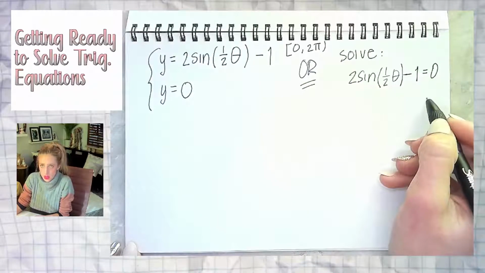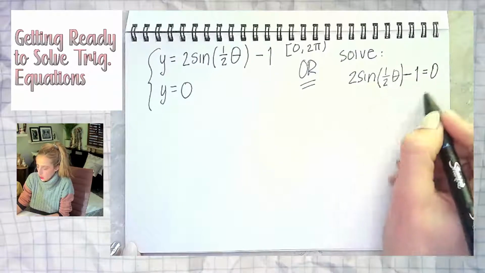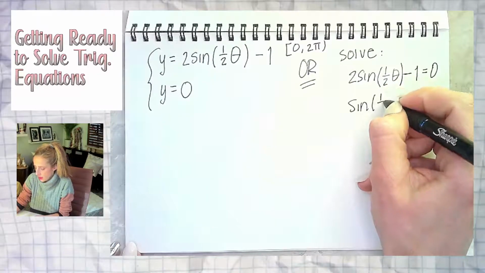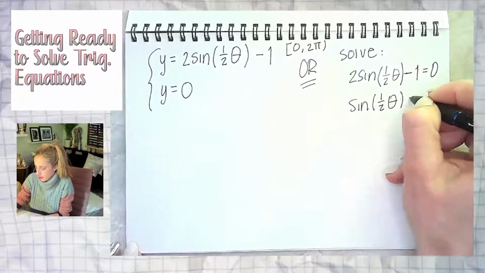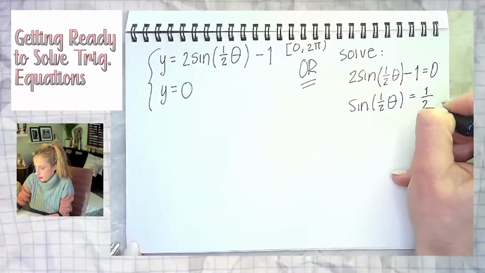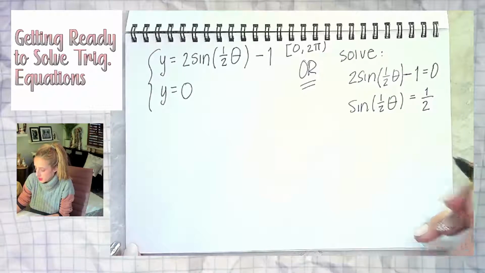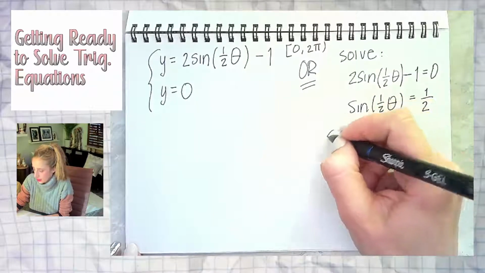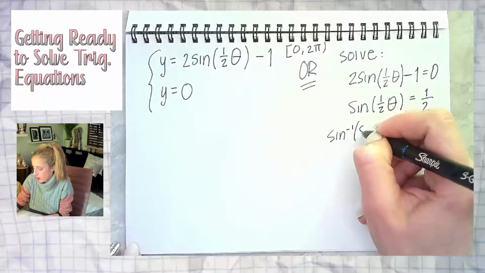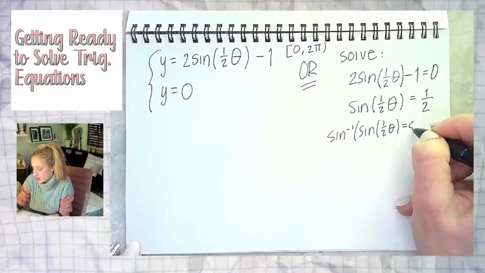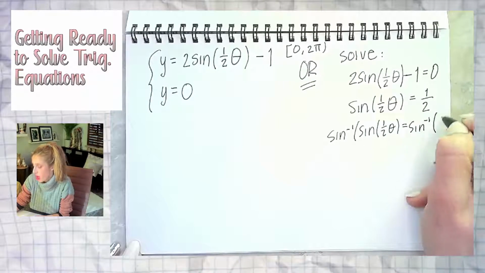I would start it like the others, right? Add 1, divide by 2. Sine of 1/2 theta equals 1/2. Next step, again, same as the others. I'm going to take sine inverse. Sine inverse of the sine of 1/2 theta equals the sine inverse of 1/2.